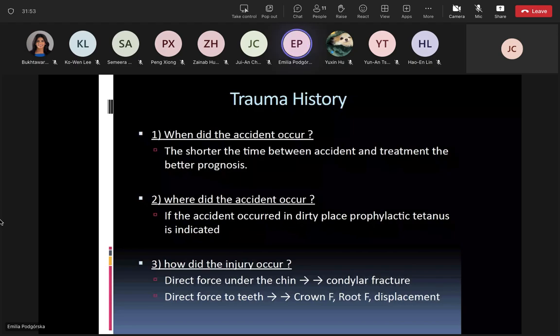Where did the accident occur? If the accidents occur in the same place, prophylactic treatment is indicated. How did the injury occur? Direct force under the chin, fracture, direct force to teeth, crown fracture, root fracture, or displacement.